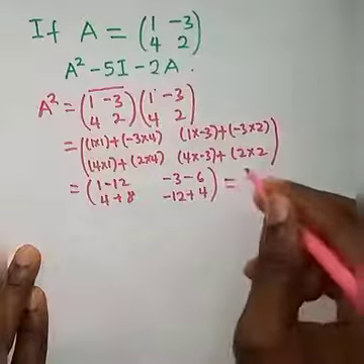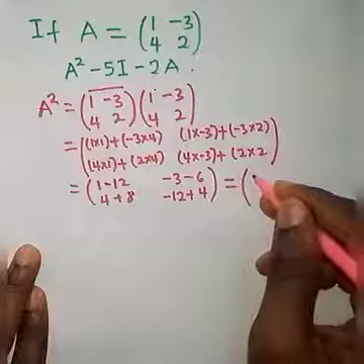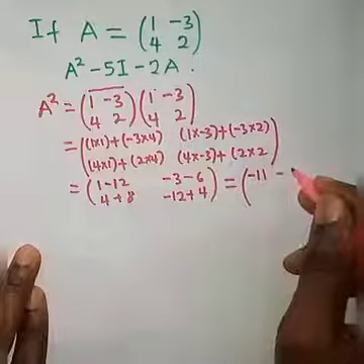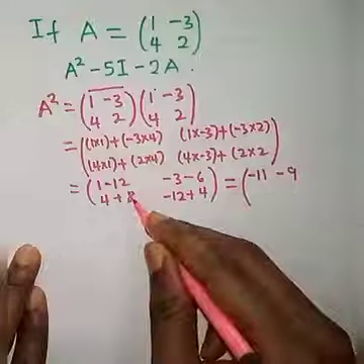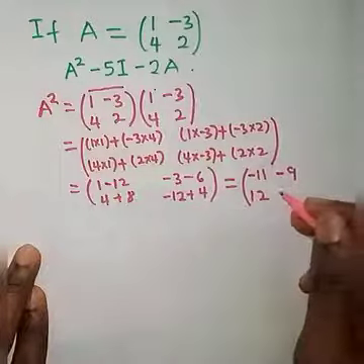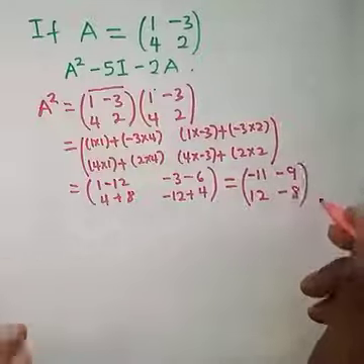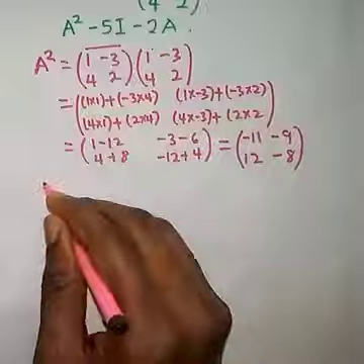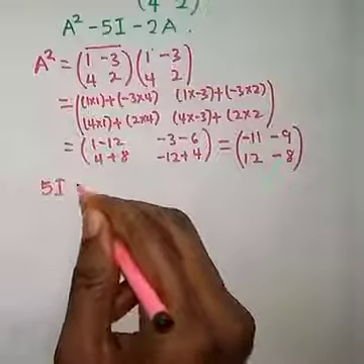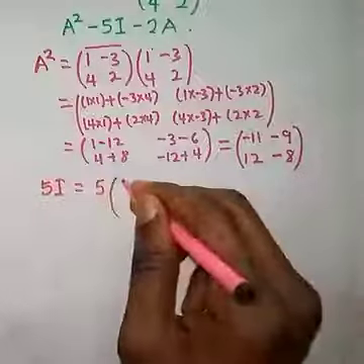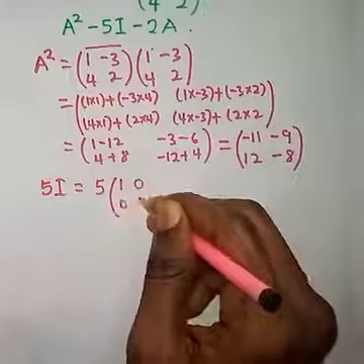And this is equal to 1 minus 12 is minus 11. Minus 3 minus 6 is minus 9. 4 plus 8 is 12. And minus 12 plus 4 gives minus 8. We now evaluate 5I. 5I equals 5 times the 2 by 2 identity matrix, 1, 0, 0, 1.